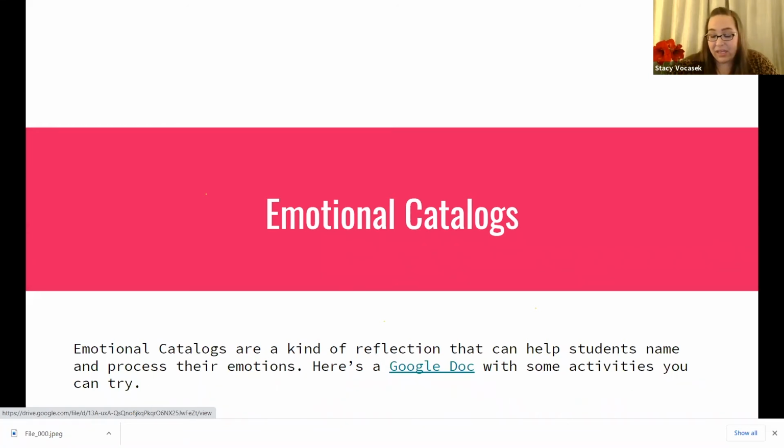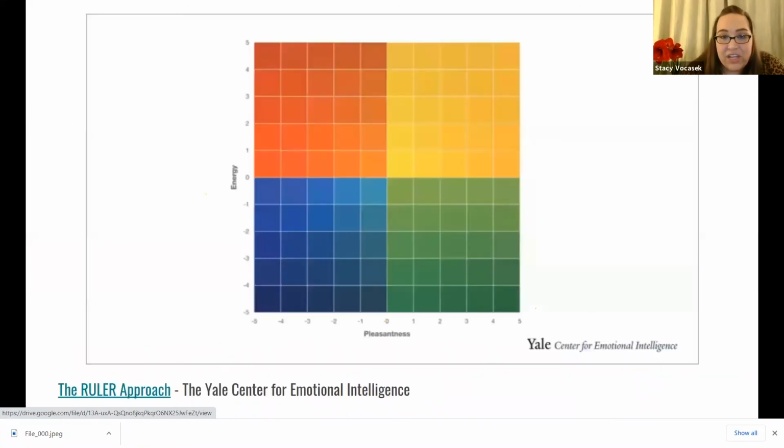The next little bit here is, all right, I'm going to go super fast because we're almost over. Emotional catalogs is just another way of doing a reflection. If you know the RULER approach from the Yale Center for Emotional Intelligence, the book Permission to Feel by Marc Brackett, they talk about this grid where kids can grid themselves and figure out what color the emotion is.